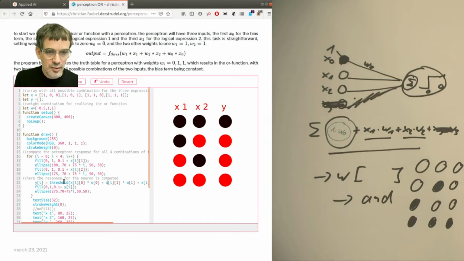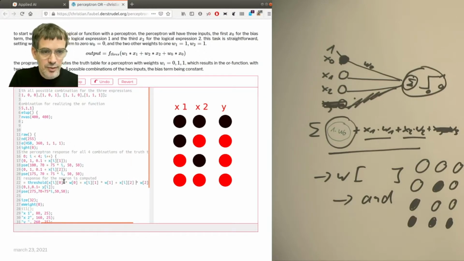Then you take the expression x1 and multiply that with the second entry in the weight vector, and then you take x2 and multiply that with the weight vector, and then you get an output. Okay, that's it.